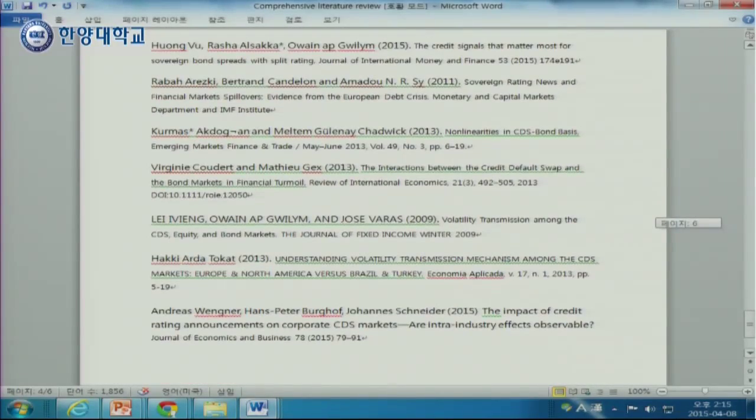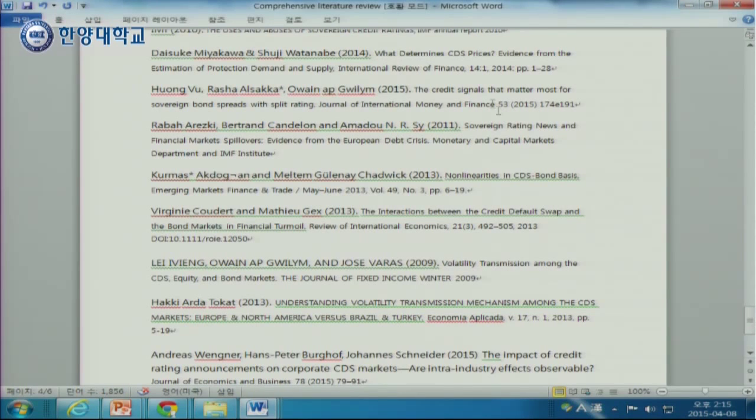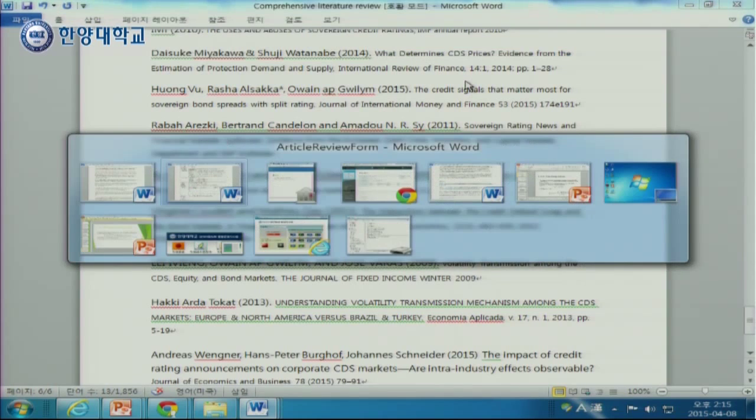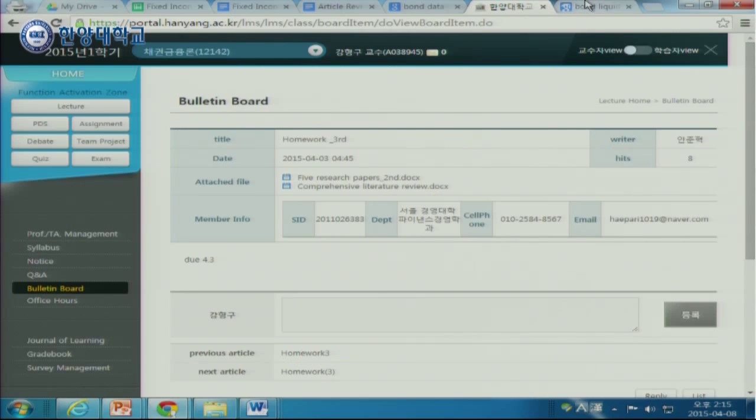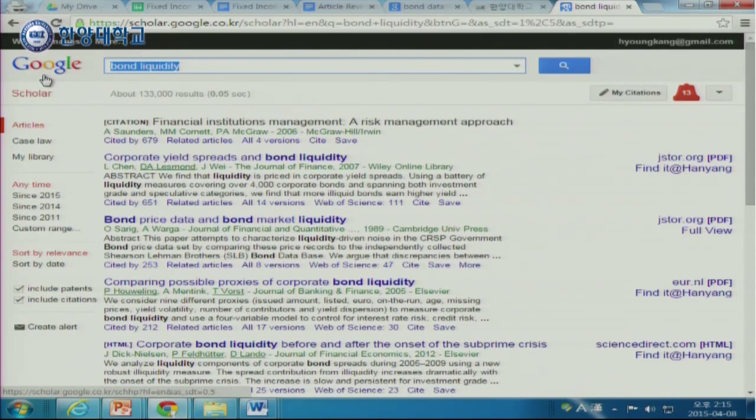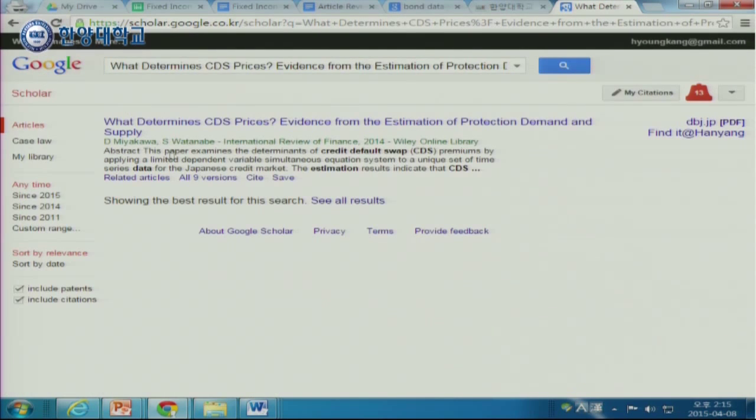Miyakawa, where is it? Yeah, this one. Okay, and then the format is long. Well, I think this format is maybe right. So let's check it. Let's find the paper, and this one, right?